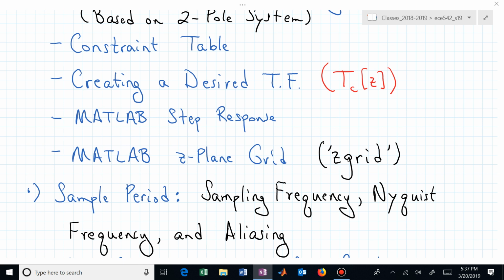So here's what we're going to try to do, and this may be next time with some MATLAB step responses, meaning that might be what you look at over the weekend, depending on how quickly I get this onto D2L, or maybe that's what you look at Monday when we're not dealing with it in class. Once we have these pole locations, we can now create transfer functions in MATLAB, and we can generate step responses.